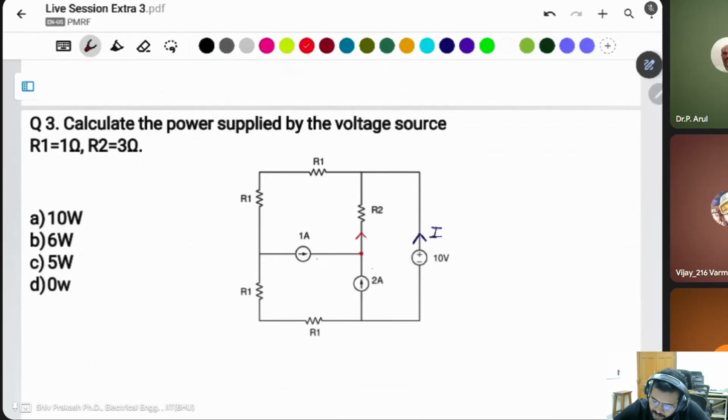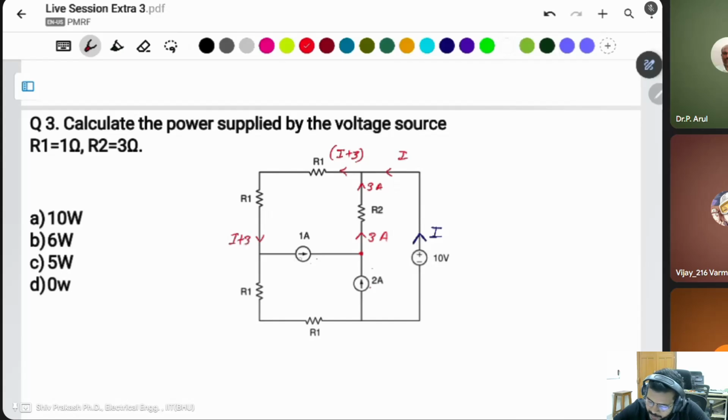Then the total current here is 3 ampere, because this one is 2 ampere and this one is 1 ampere. If this is 3 ampere, and this current is I, then what is this current? I plus 3. Again I plus 3 is coming here also, so this current is I plus 3.